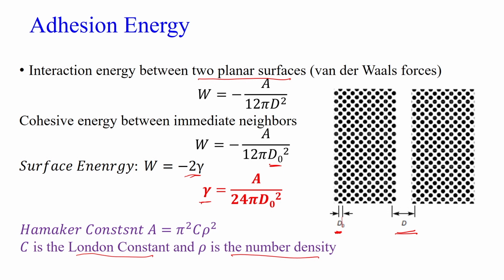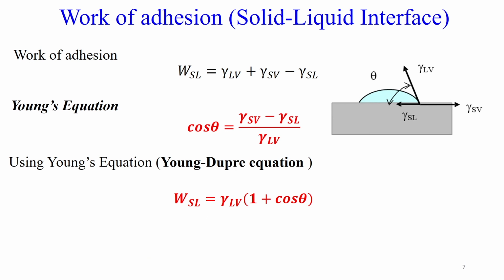In order to calculate the work of adhesion, we can also do it after measuring the wettability or the contact angle. The work of adhesion on the solid interface we can easily measure by putting a drop of liquid, which forms a contact angle theta. At the point of contact, it is experiencing three forces or three tensions.